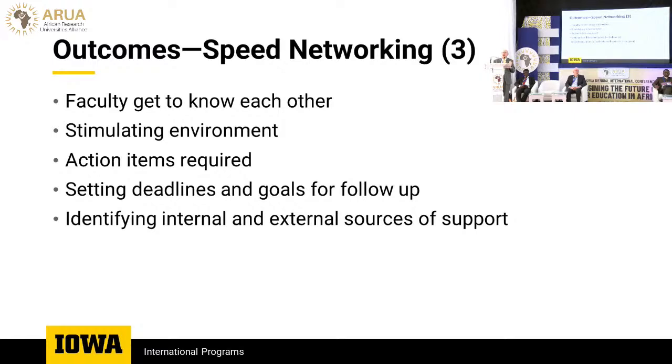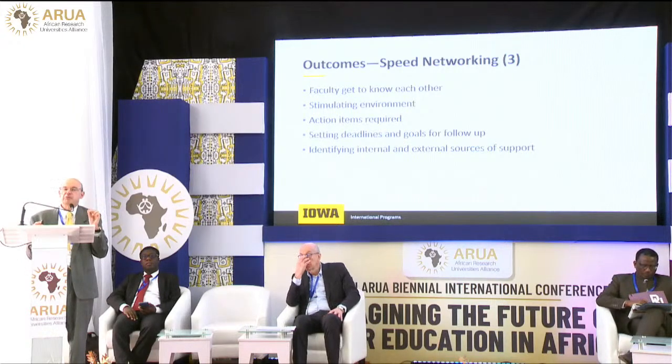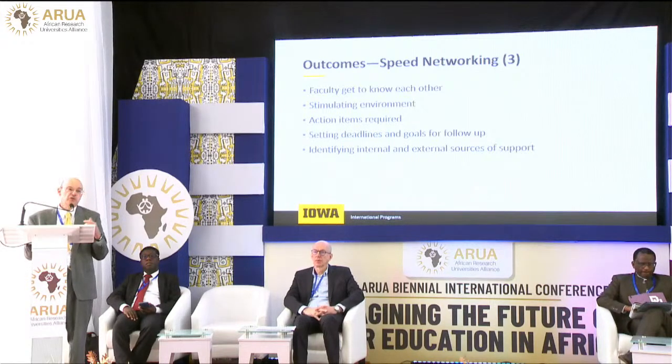There are action items required, so we do stress accountability and follow-up. We also ask and require that the groups set deadlines and goals for their follow-up mission. And then they also need to identify internal and external sources of support. Internal sources of support would be institutional.